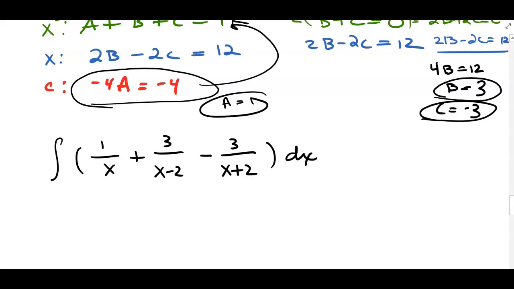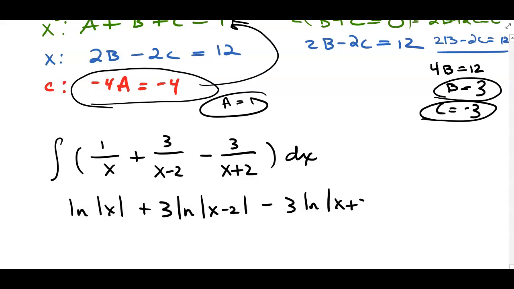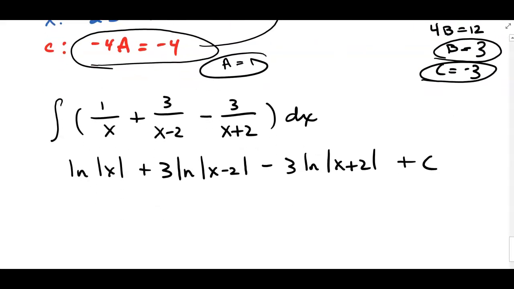You know how to do the u-sub. It's going to be a lot of ln's in this one. So it actually ends up being ln of x plus 3 ln of x minus 2 minus 3 ln of x plus 2. And yes, you can bring all those ln's together.